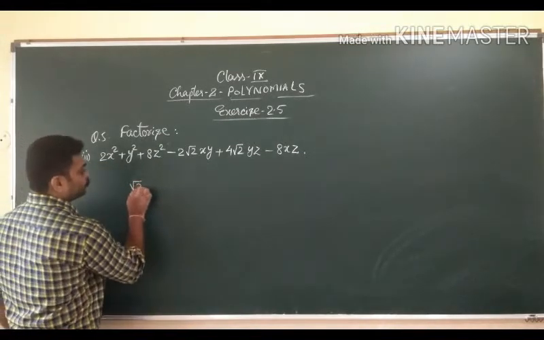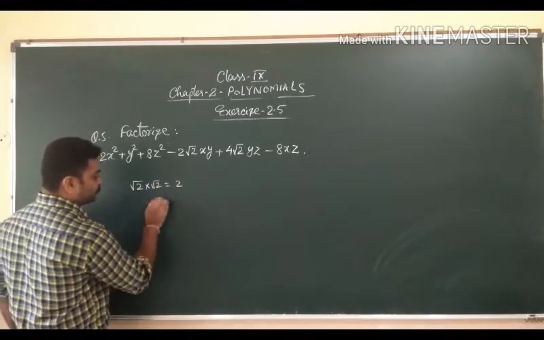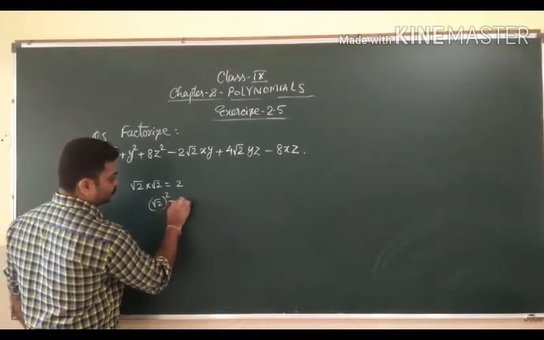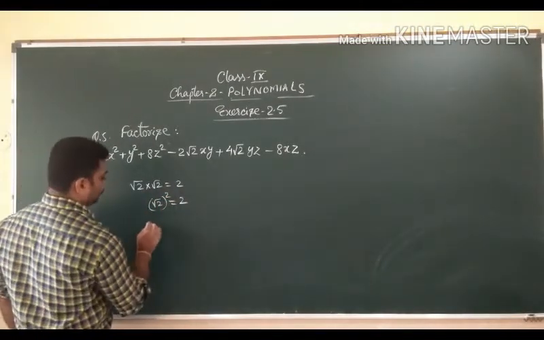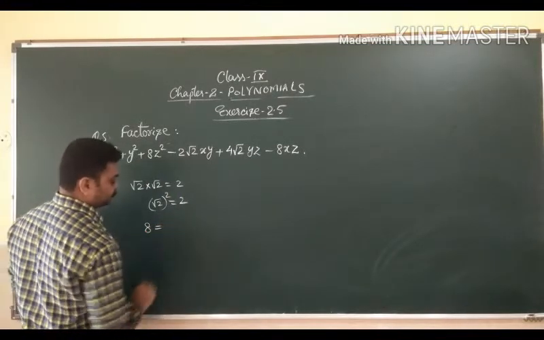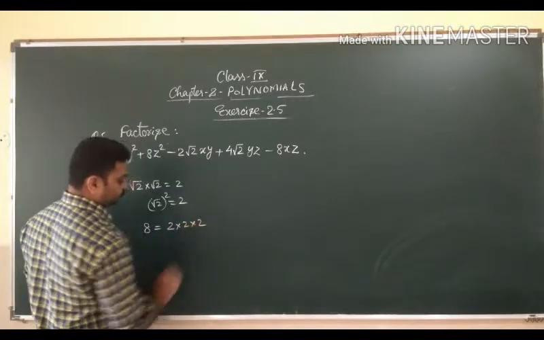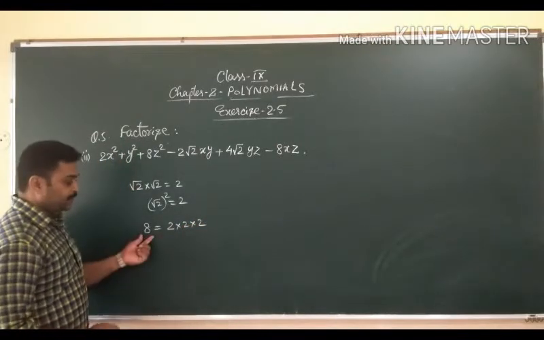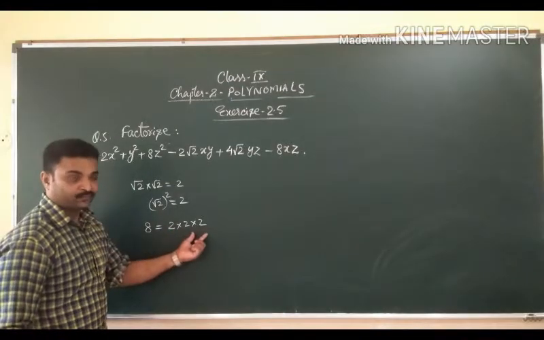We can write root 2 into root 2 is equal to 2, or root 2 whole square is equal to 2. Clear? And 8 can be written as 2 into 2 into 2. Clear? 8 can be factorized as 2 into 2 into 2.